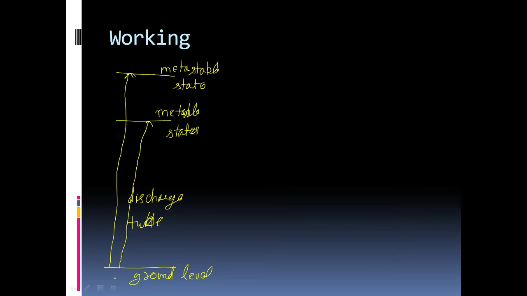These levels are for helium, and the energy states are denoted EH1, EH2, EH3. The ground state is denoted EH1. Similarly, here the levels are denoted for neon also.